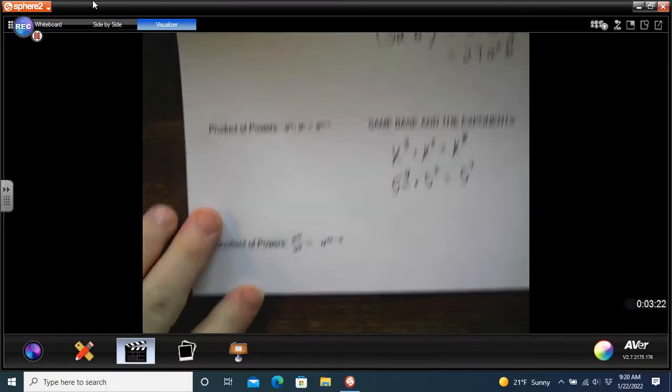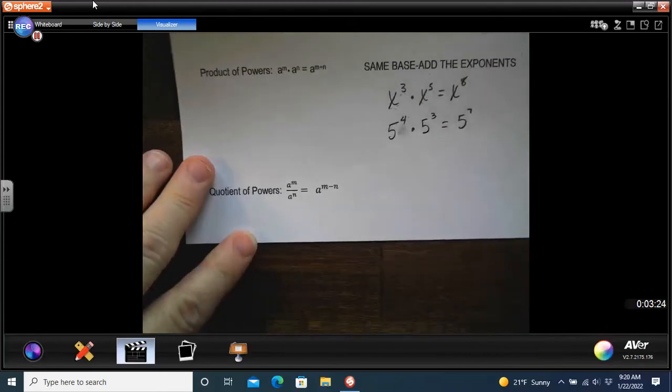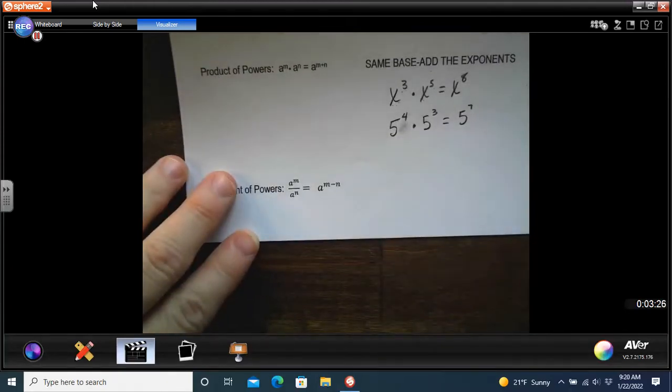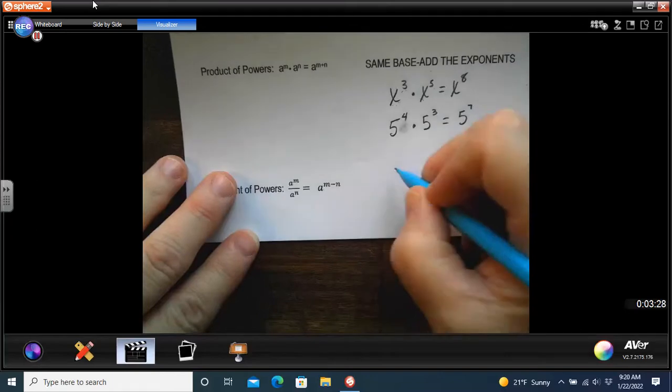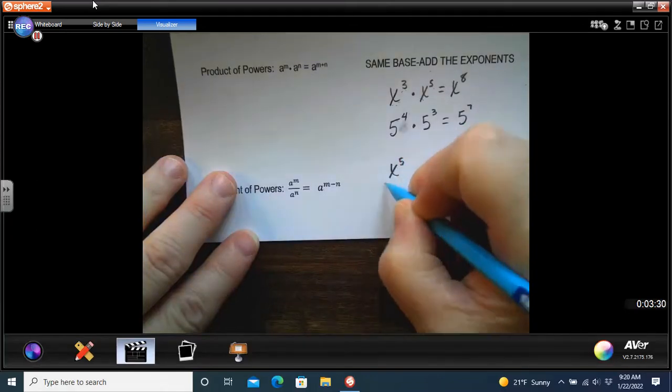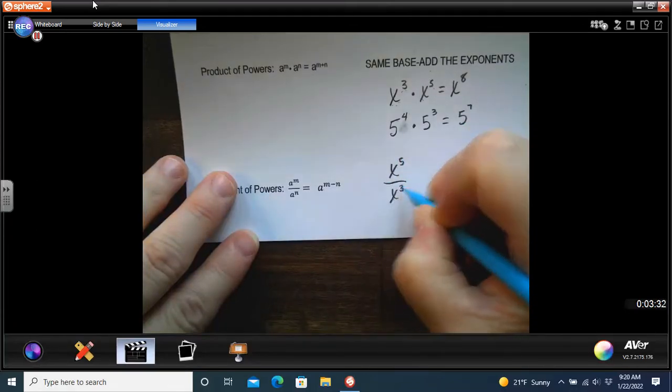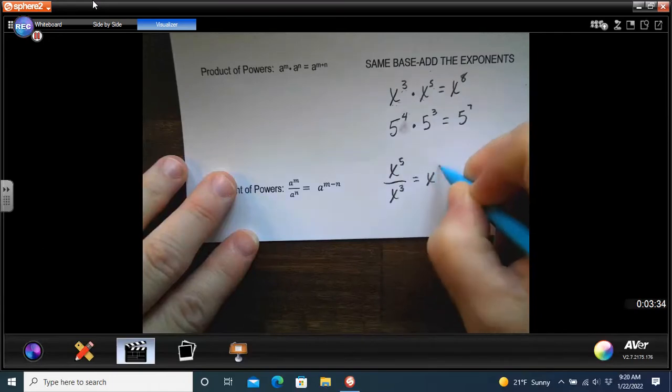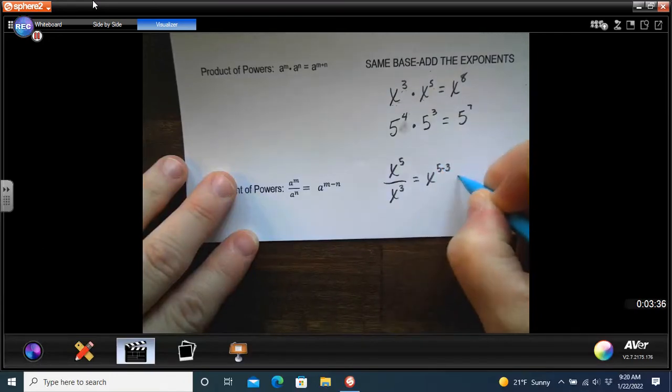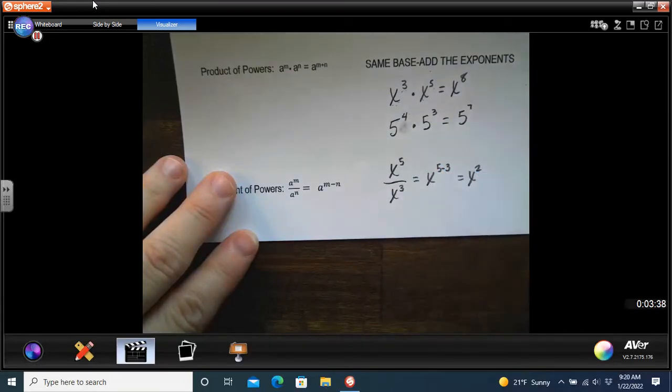Okay. If you're dividing and they have the same base, you subtract the exponents. So if I have x to the fifth over x cubed, that becomes x to the 5 minus 3, which is x squared.